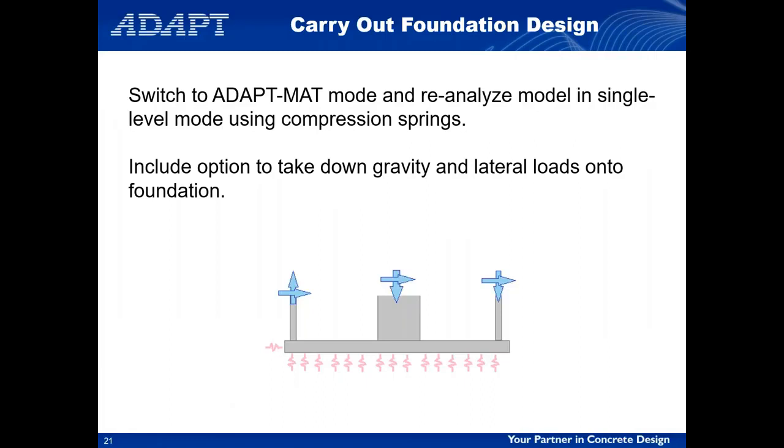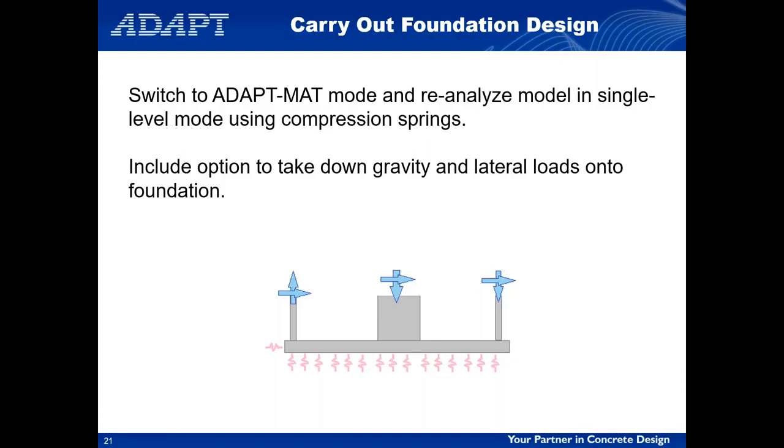So we're going to switch the program to mat mode, and we want to reanalyze this in single level mode. By default, it's going to force you to run this analysis mode using compression springs again, because it says you're in mat mode.